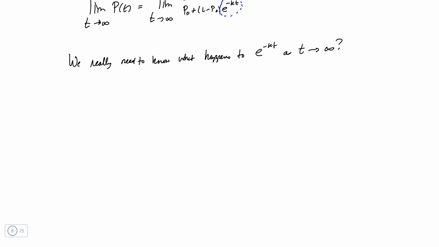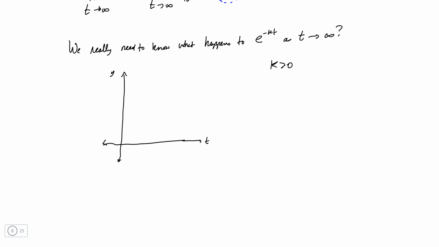So maybe we can remember from the review video on exponentials, if we graph an exponential, since we always want k to be bigger than 0 for our growth here, what's really going to matter is what's happening to this function.